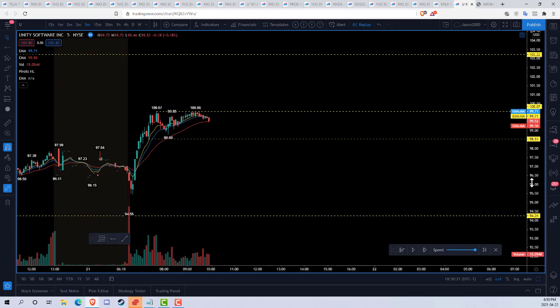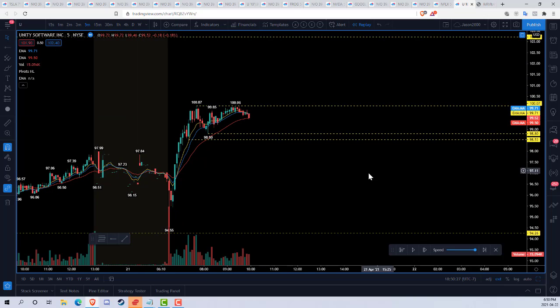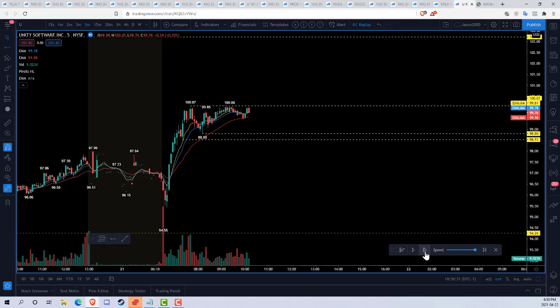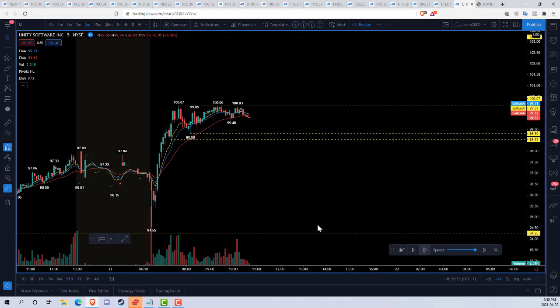Now things have defined themselves a little bit further. We have a 5-minute higher low at 98.80. We have a double top at 106. So still not quite ready for a trade for us. But what do you know? We come back up right to that level again. And what do we set? 103. Now we've got effectively a triple top here on U, a ticker that has confirmed a higher low.